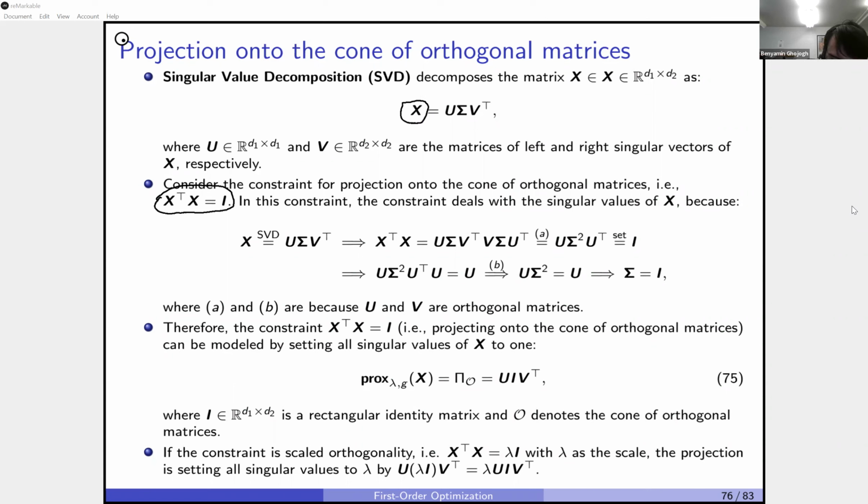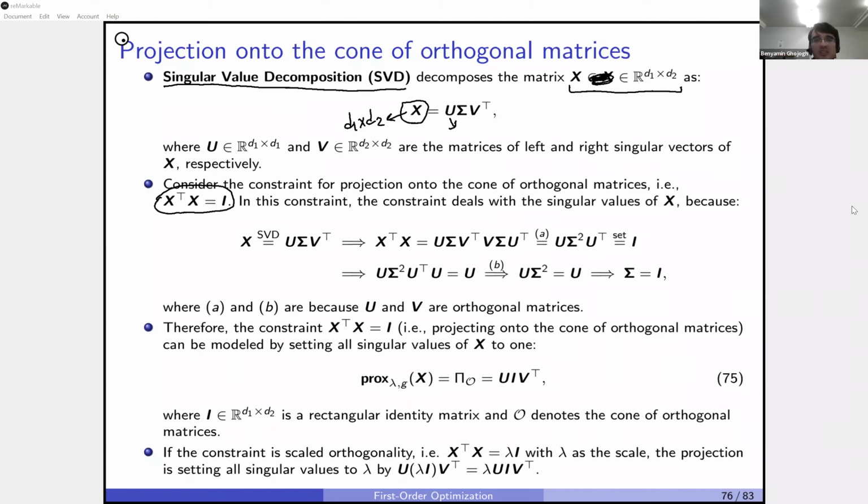Consider the singular value decomposition. If you don't know what it is, I'm talking about it right now. SVD, or singular value decomposition of the matrix: let the matrix X be D1 by D2. It can be a rectangular matrix. When it's D1 by D2, you can have an SVD.